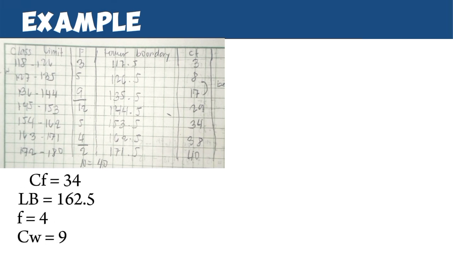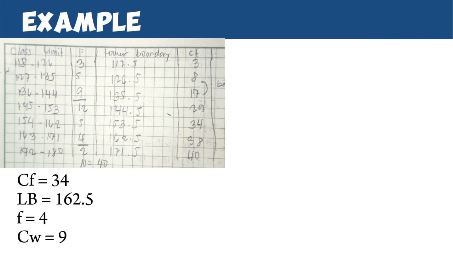So, cumulative frequency is equals to 34 because the value of Kn is 38 and 38 is under the 38. So, before 38, we have 34. So, the cumulative frequency is 34. Lower boundary is equals to 162.5 because the value of Kn is 38 and the line of 38 is have the lower boundary of 162.5.